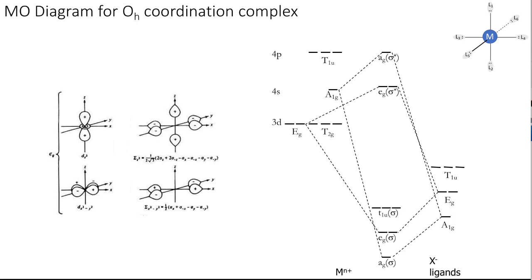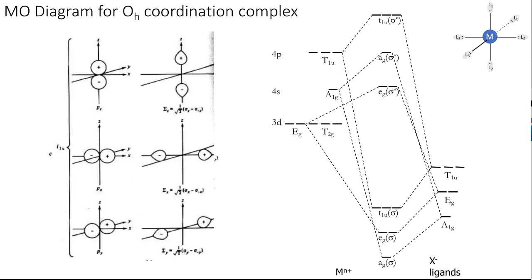And then next, we have an interaction between the T1U set of the ligand groups and the T1U set, which is the PX, PY, and PZ orbitals. So we're going to put those in here and here. Okay, again, lower in energy, higher in energy, and draw lines in to show how the atomic orbitals were combined.